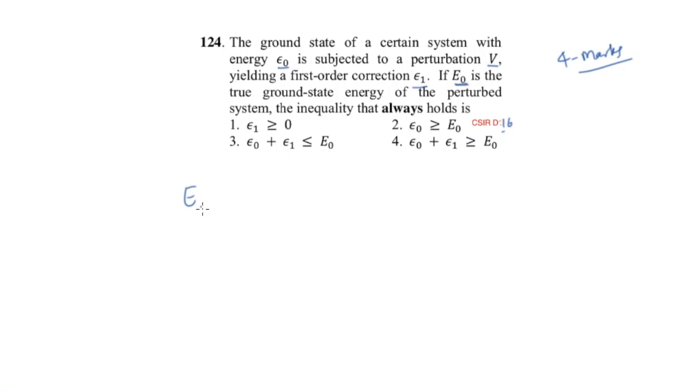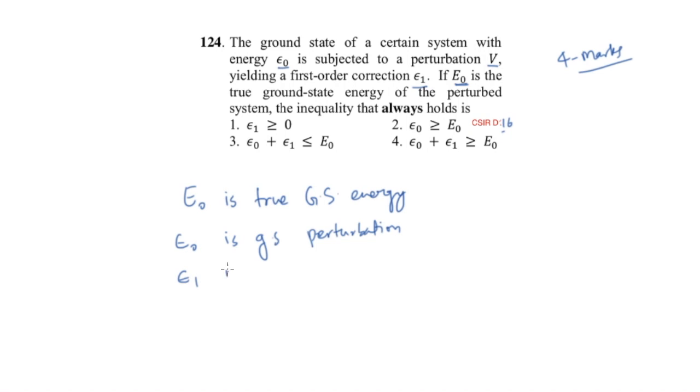First, E naught is your true ground state energy. Epsilon naught is the ground state energy before perturbation. Although that is not that important, there is a certain inequality given for it.